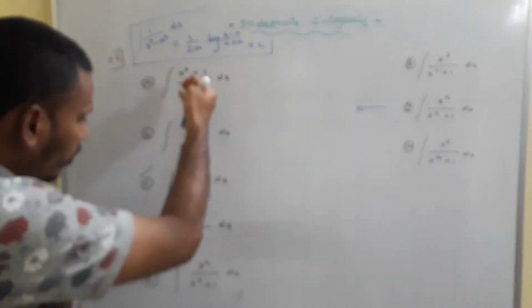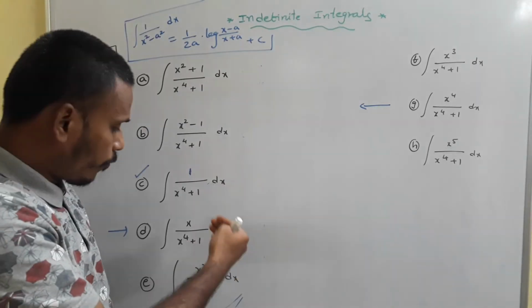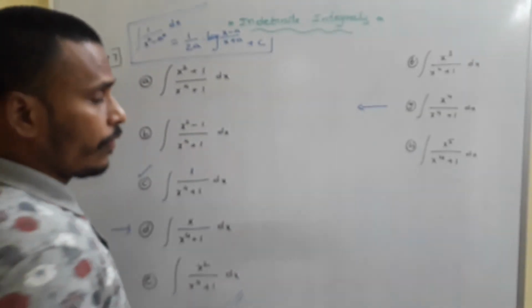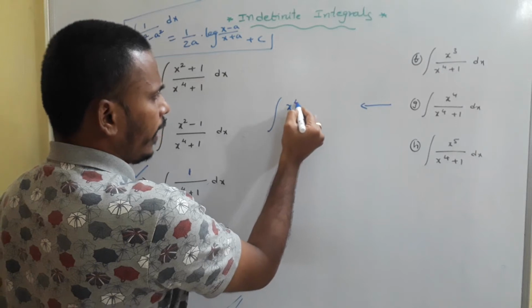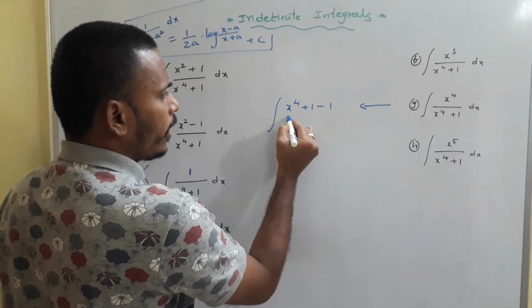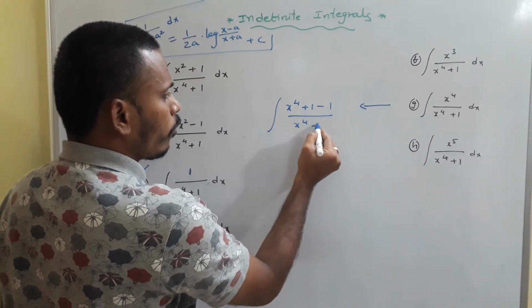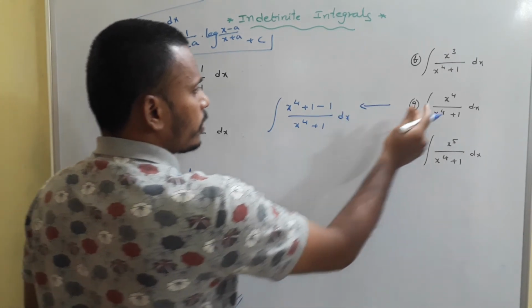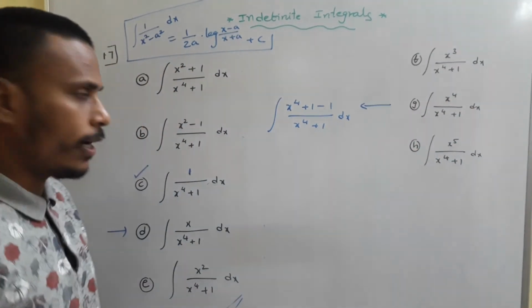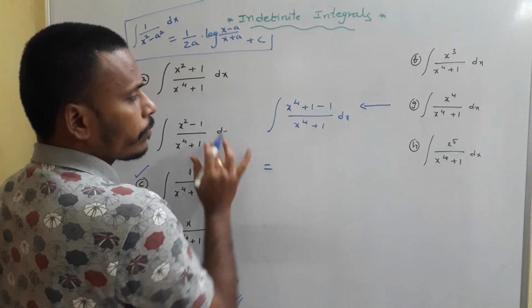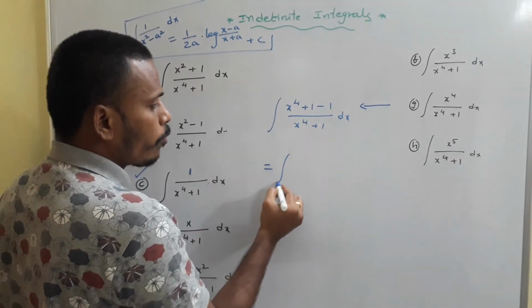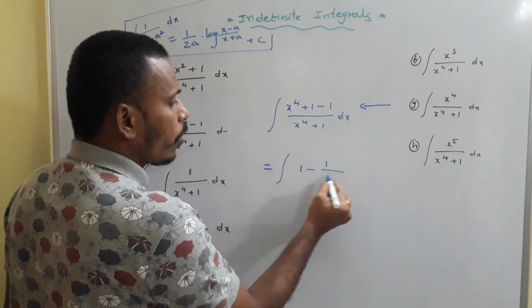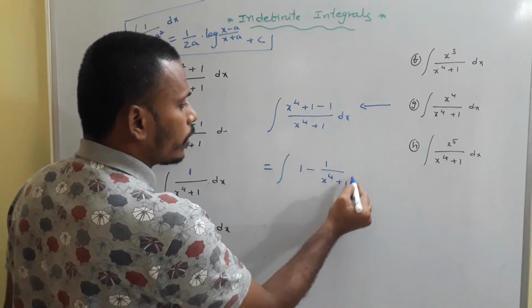Already we have all these things, 1 by x power 4 plus 1, x by x power 4 plus 1, everything we have. That's why you just rewrite this problem. Integral x power 4 plus 1 minus 1 divided by x power 4 plus 1 dx. Just add 1 and subtract 1 in the numerator. So this is equals to x, just split it. X power 4 plus 1 by x power 4 plus 1 is 1 minus 1 by x power 4 plus 1 dx.